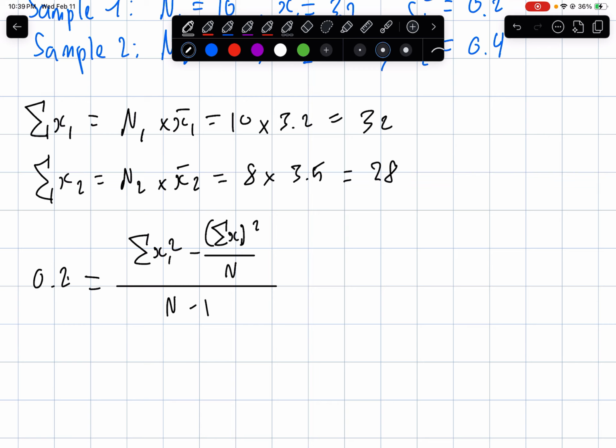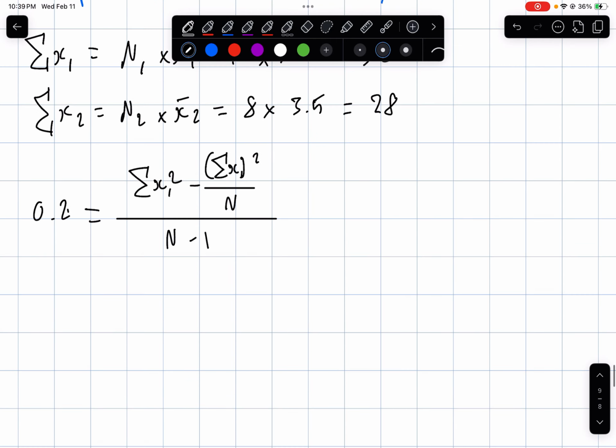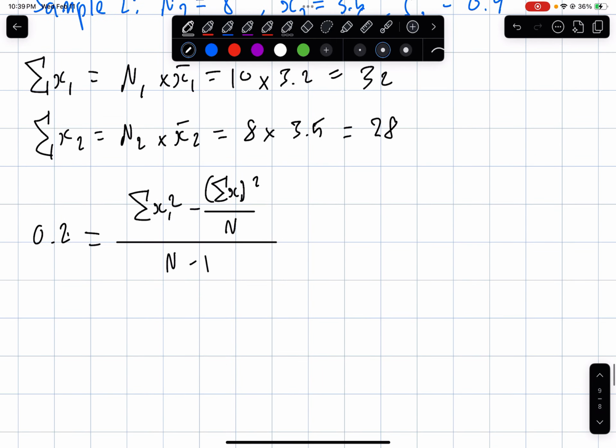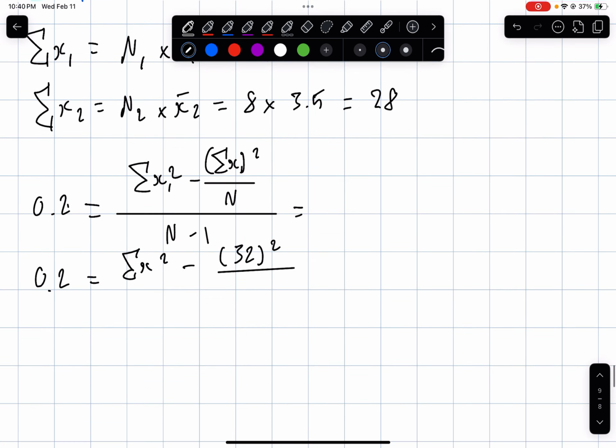Now all we have to do is get rid of our denominator, and to do so we're going to multiply by n minus 1. So for n1 we have our unknown, which is the sum of x squared minus what we just calculated, 32 squared, over n1, which is 10, and all that over n minus 1, or 9.